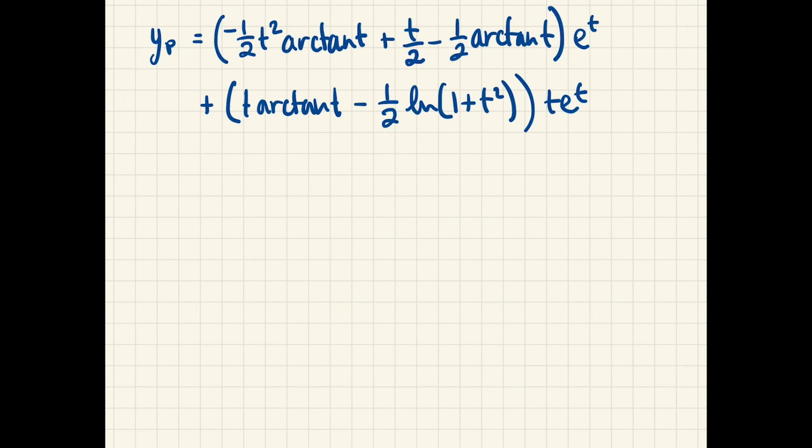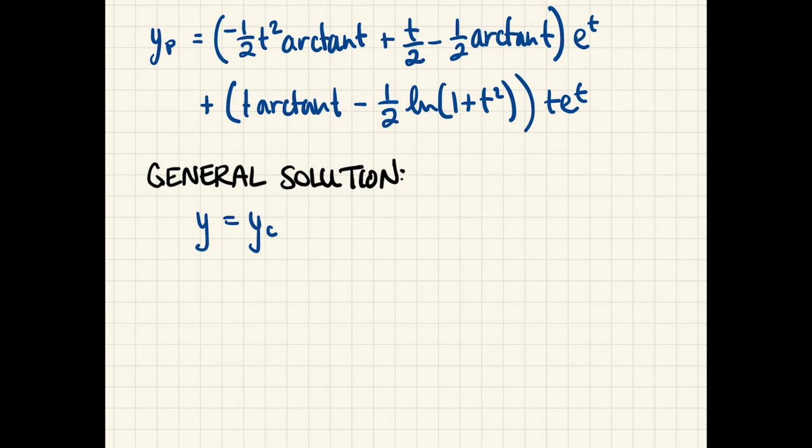And now we can finally write down the general solution. It's the complementary solution plus the particular solution. So the complementary was c1 e to the t plus c2 t e to the t, plus all of that loveliness.